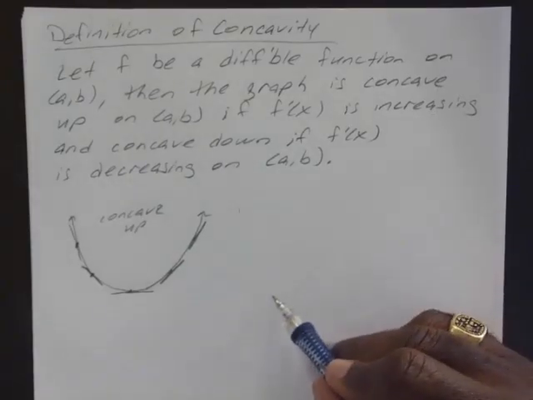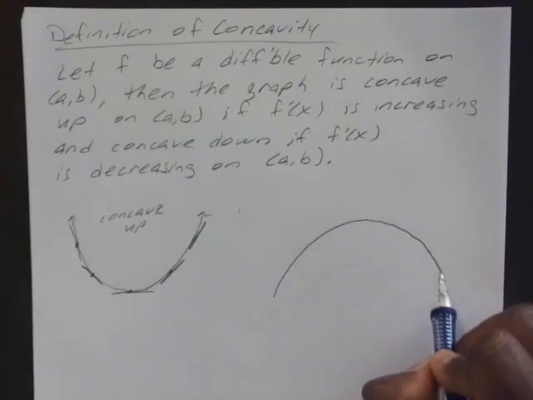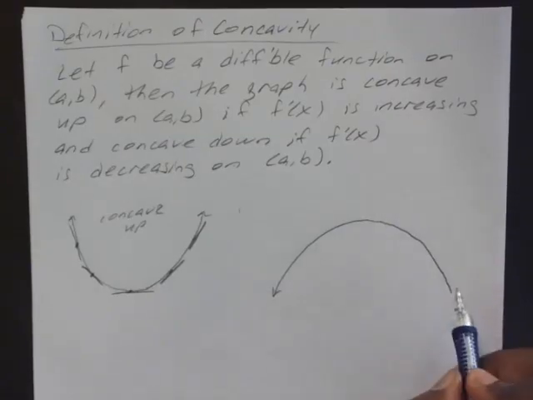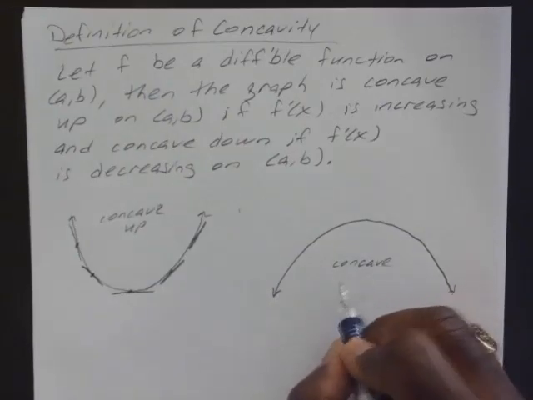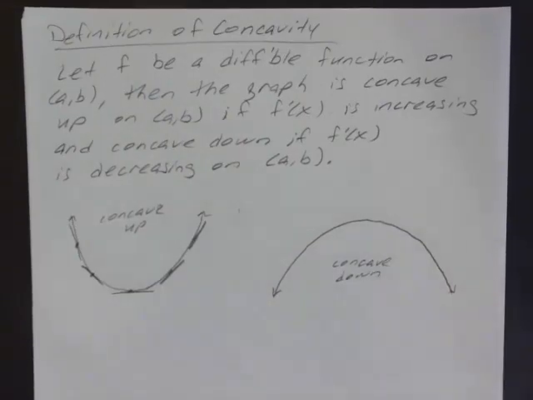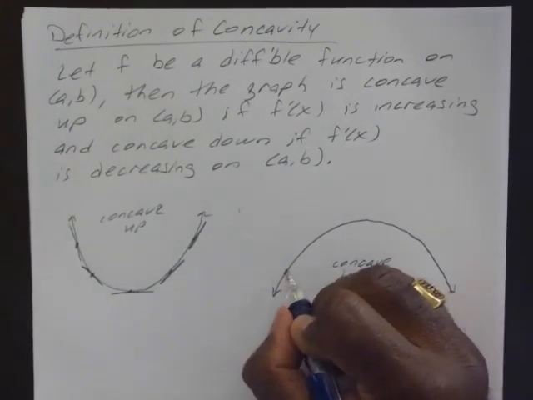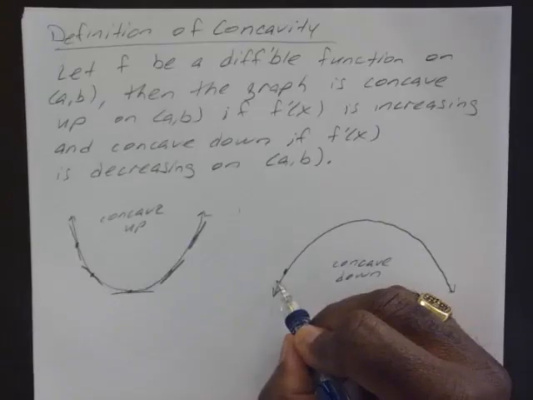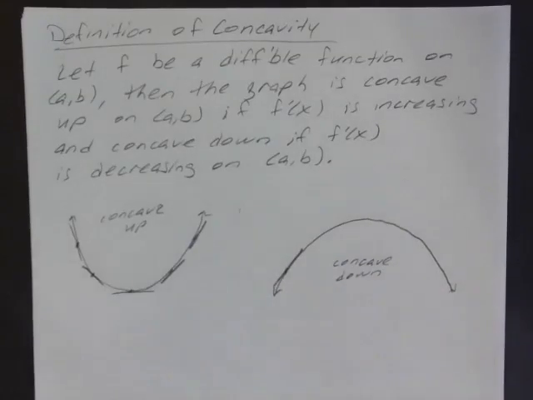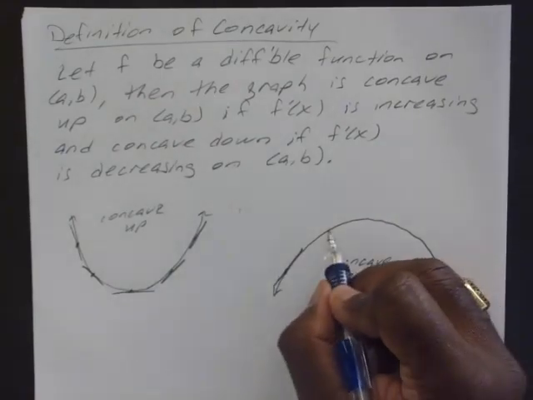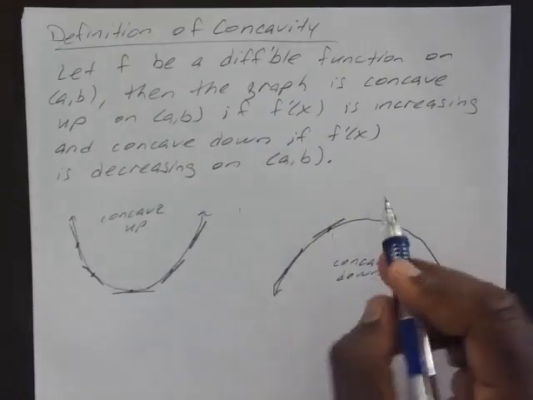Whereas if you get the concave down graph, and we'll make that one concave down. If you start on this side, the slope of your tangent line could be something like +2. Then as you move over to the right, it could go down to something like +1.